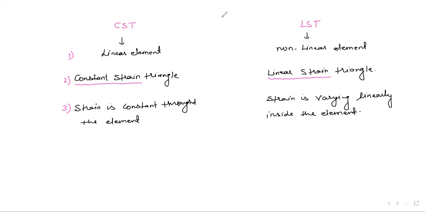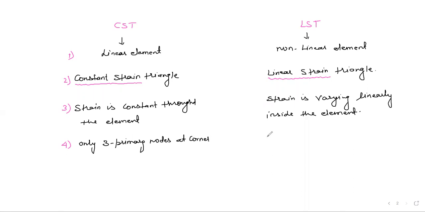Now, the fourth point I can say. If you see the CST element, it will have only 3 primary nodes at the corners.